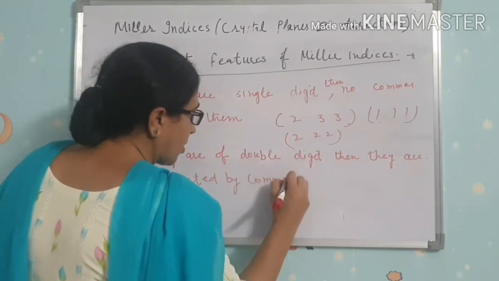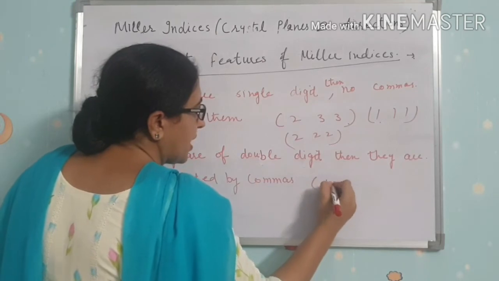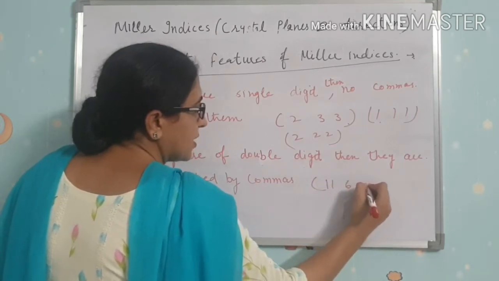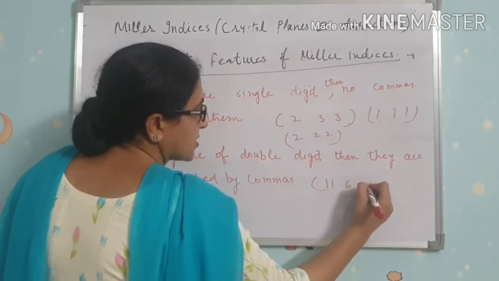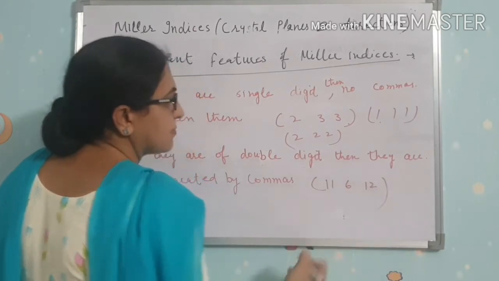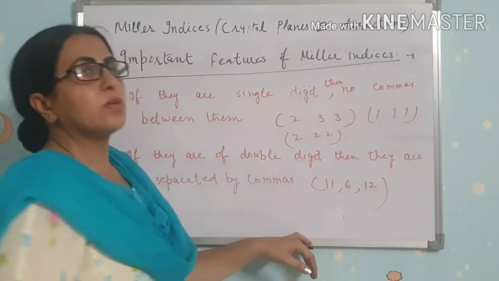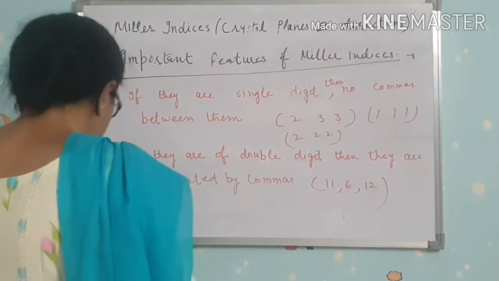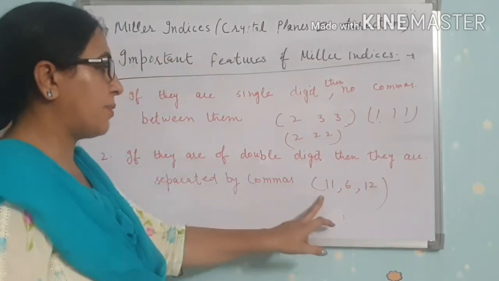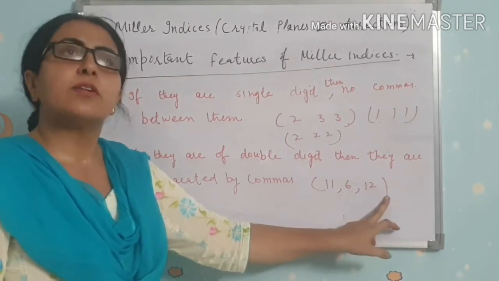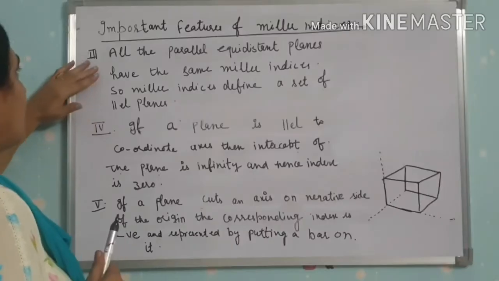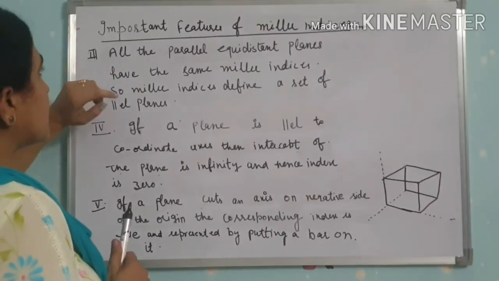For example, 11, 6, 6, 10, 12, just an example. If they are of double digit, they are separated by commas. Clear?